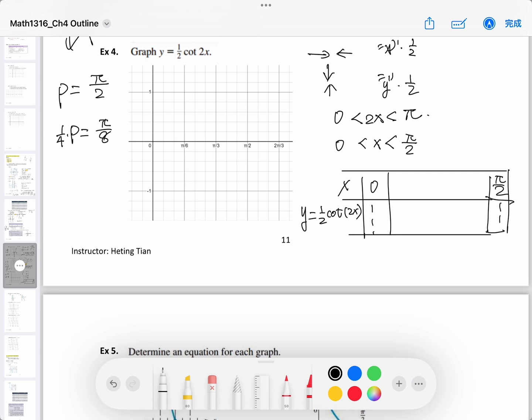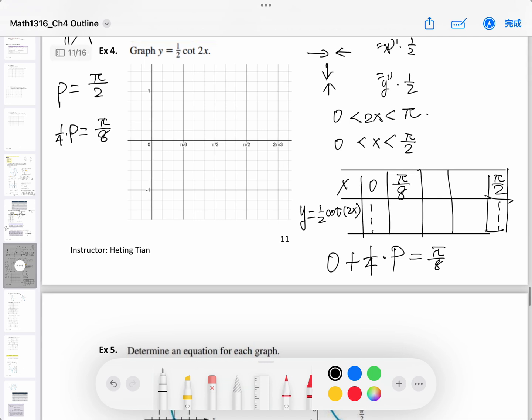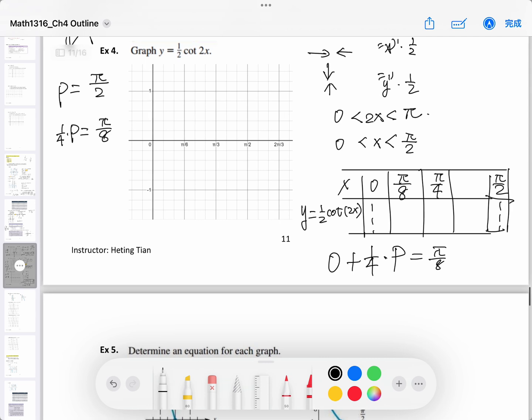And the three key points between the two vertical asymptotes. So based on the first x value, plus 1/4 times the period, which is pi over 8. Okay, pi over 8. Plus pi over 8, pi over 4. Plus pi over 8, 3 pi over 8. Plus pi over 8 is 4 pi over 8, which is half pi.